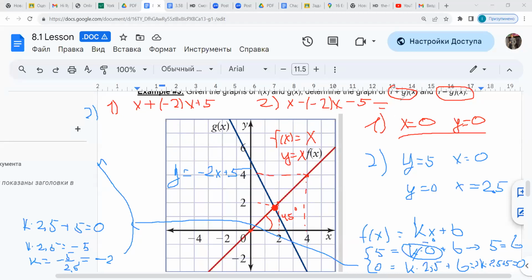Simplifying it gives us x plus 2x minus 5, or 3x minus 5. And the first one gives us x minus 2x plus 5, which is negative x plus 5. For convenience, you can swap them, but not necessarily.